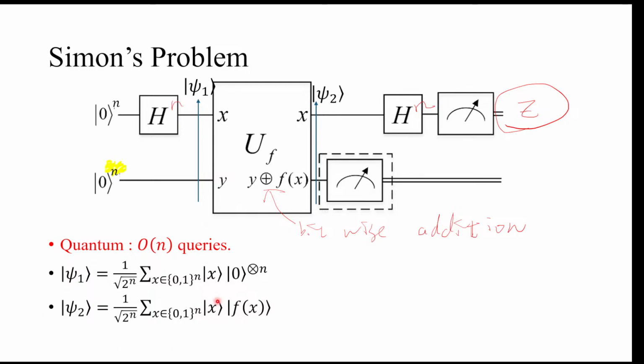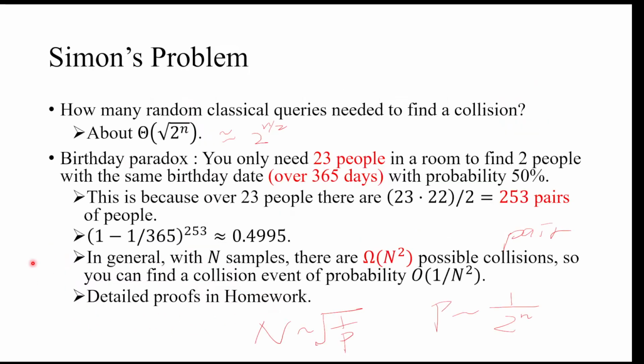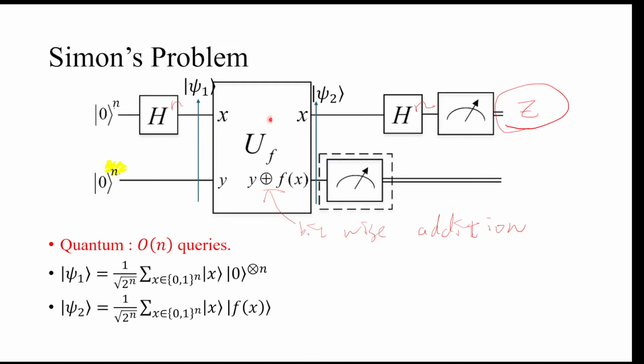This is not more powerful than a classical algorithm, because you just get a random x and a random f of x, and you can just do that with a classical query by querying a random x. Okay, but in Simon's problem, because we do this Hadamard to the n here, we do some weird interference on our input register, we actually get better information on our secret string.